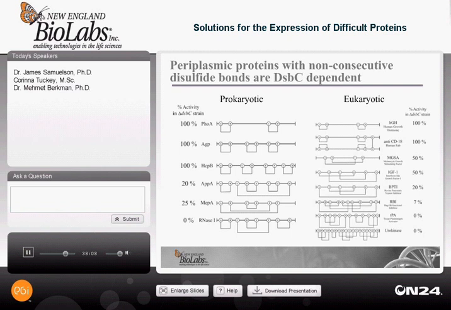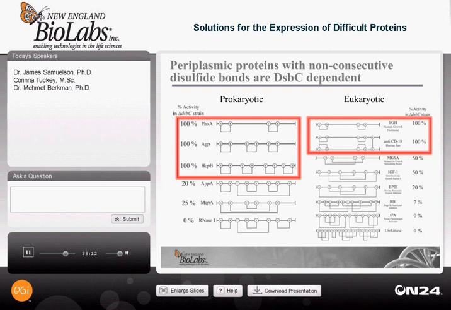And if you take a closer look, what you will notice is that all the proteins that fold correctly in the absence of DsbC seem to have their disulfide bond pattern in a consecutive manner. We believe this supports the notion that disulfide bonds occur during translocation into the periplasm. However, in the SHuffle strain, we make disulfide bonds in the cytoplasm.